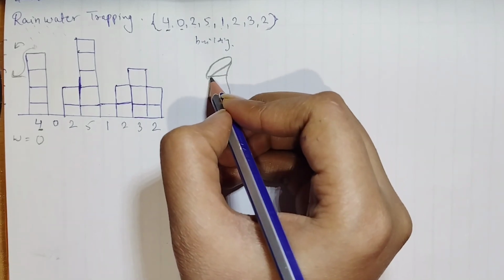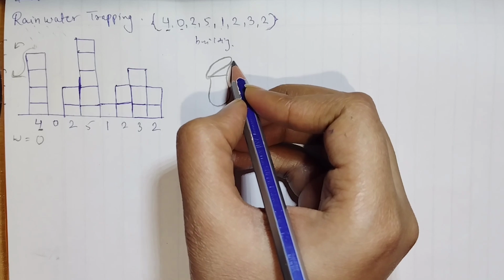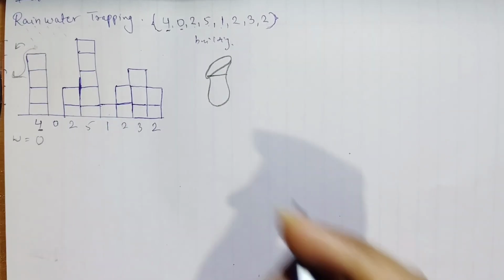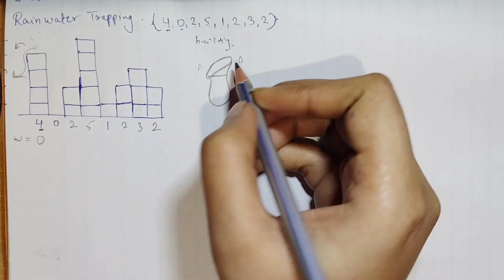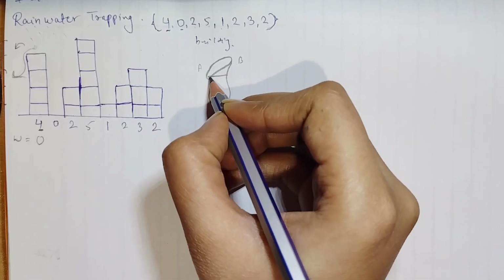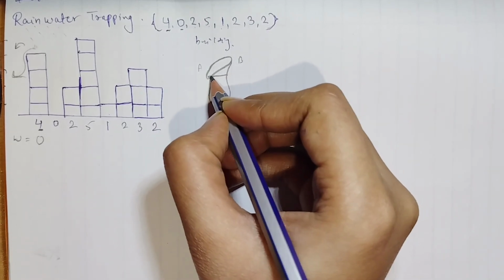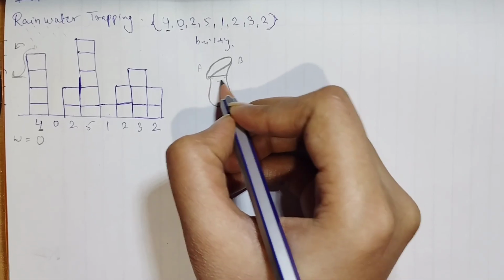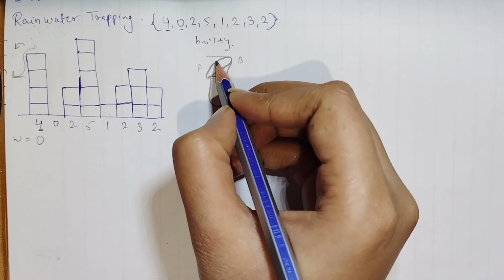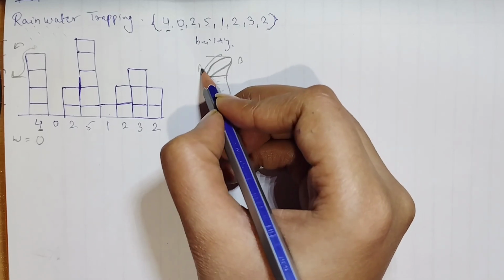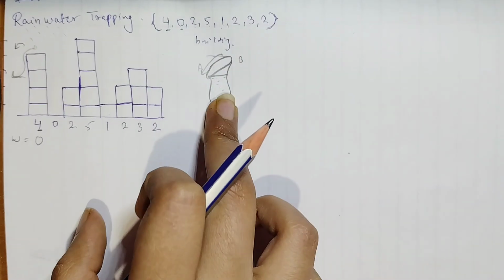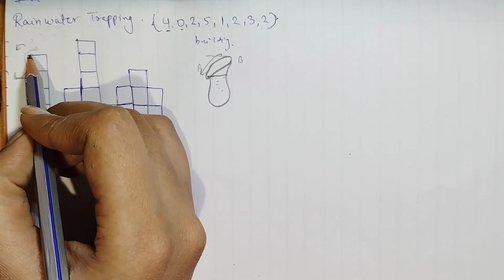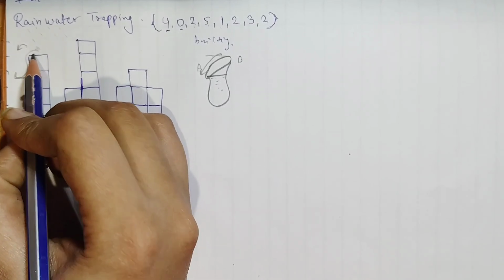Because on the left hand side, when we compare this A and B, which has less height? A has less height, which means it can trap water this much only. Why not this much? Because water will spread out. In this way water cannot be trapped here because there is no building to support it.